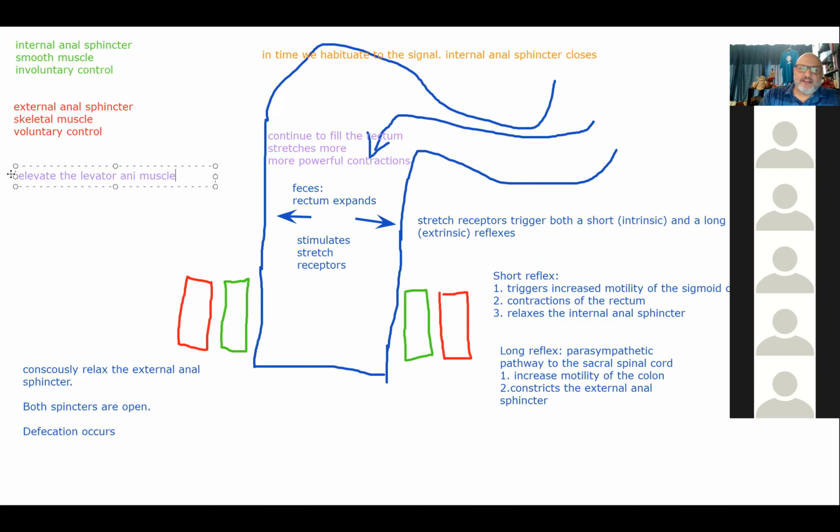Another common way that we can help in the defecation process, well, let's do this one first: contraction of the abdominal muscles. Contracting the abdominal muscles increases the pressure inside the abdominal pelvic cavity, and that increase in pressure can help to force the feces out.